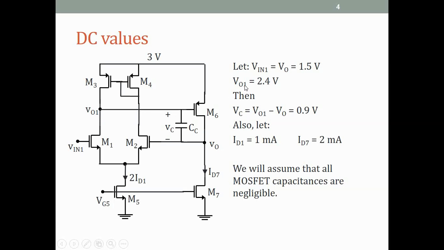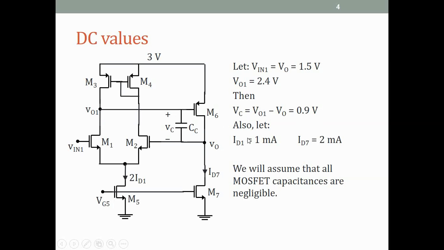We had seen this also in a different context for a two-stage op-amp, but anyway, we'll assume that the DC value at VO1 stays at 2.4 irrespective of the DC value of the input voltage. Then the capacitor voltage, which is VO1 minus VO, I have defined it as plus minus, so VO1 minus VO is 2.4 minus 1.5, so 0.9 volts.